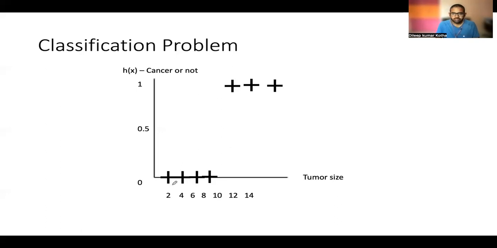Now, given the tumor sizes, we need to determine whether the person has cancer or not. Let's assume the hypothesis will result in a value between 0 and 1. And we can put simply, if the value of the hypothesis is greater than 0.5, the person has a tumor.